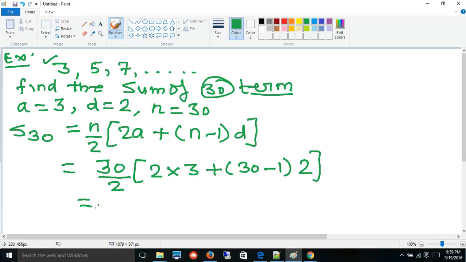Now here you will get 15, then 29 into 2, you will get 58. So now here you will get 15 into 64.